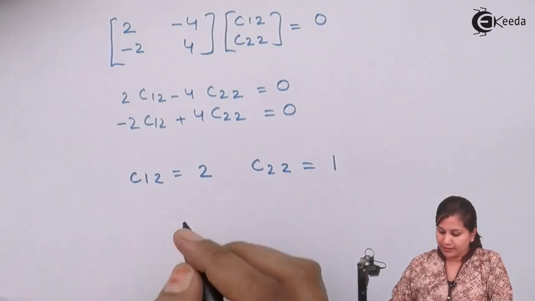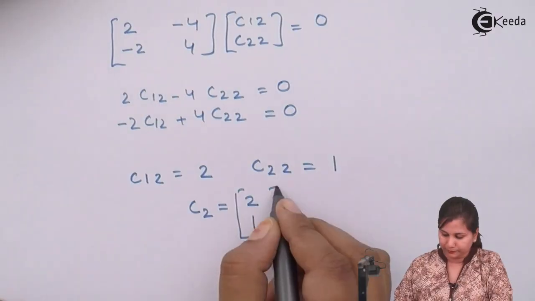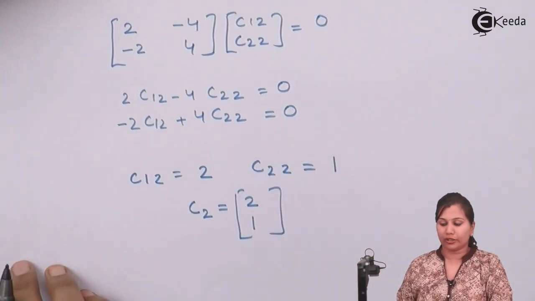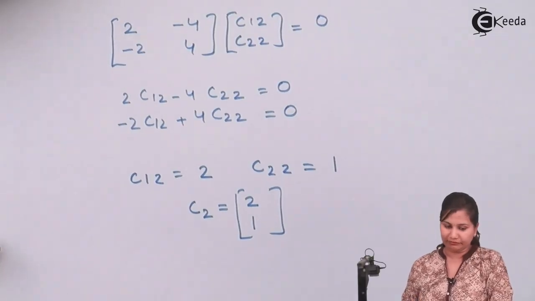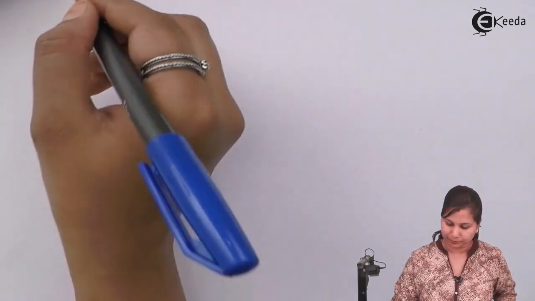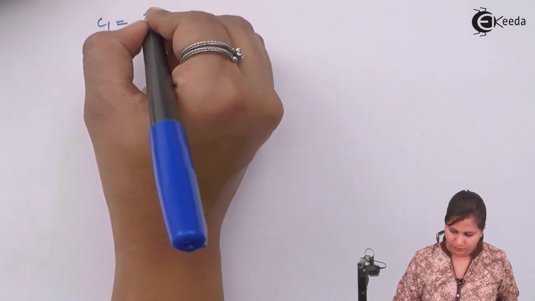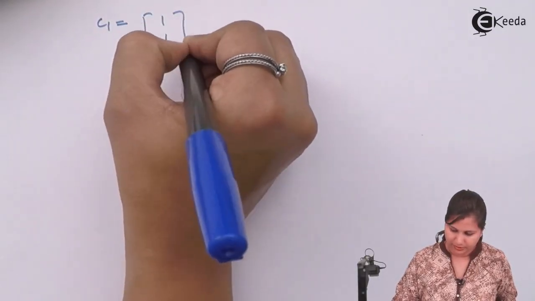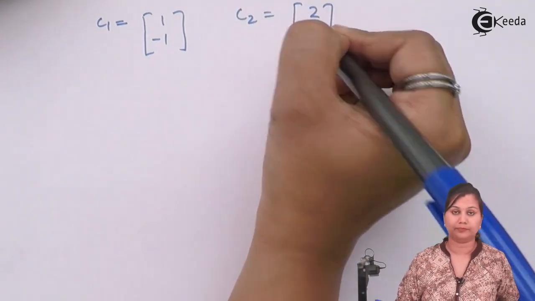So we have got our second eigenvector 2 and 1. So we have got C1 and C2, so our complete eigenvectors we have known. C1 was 1 and minus 1, and C2 is 2 and 1.